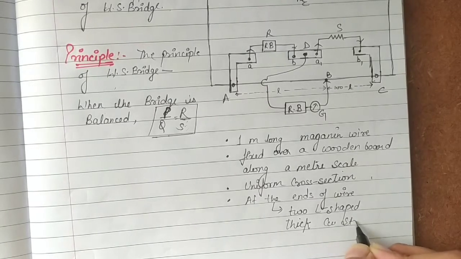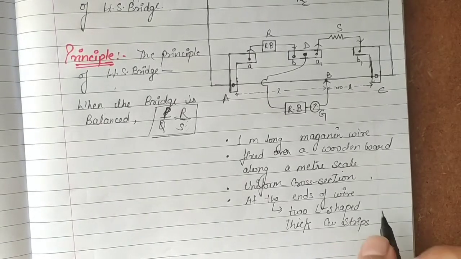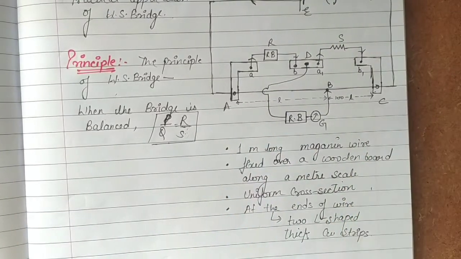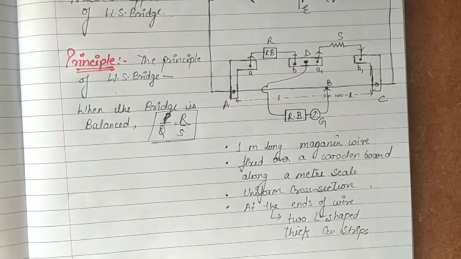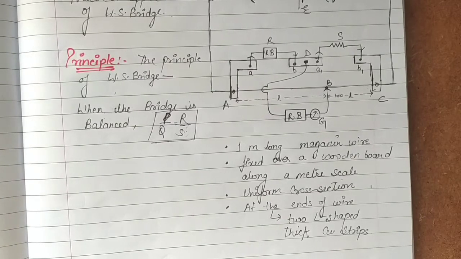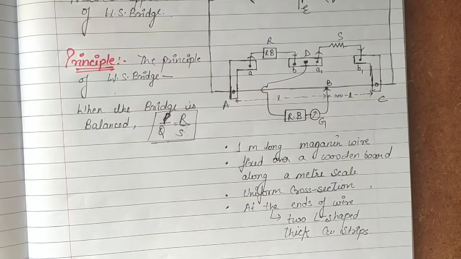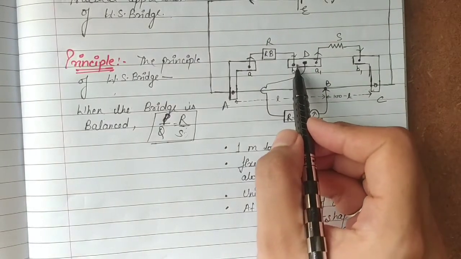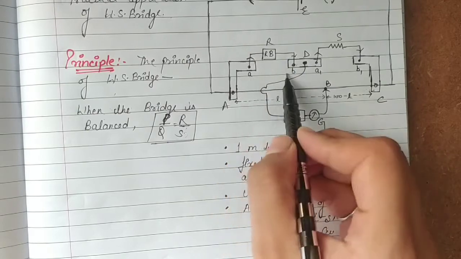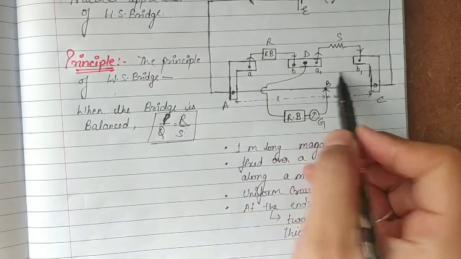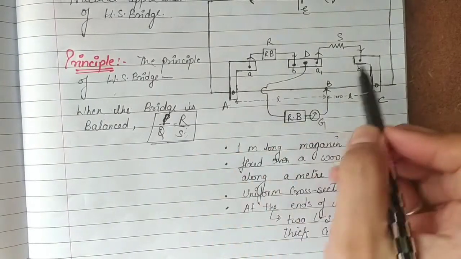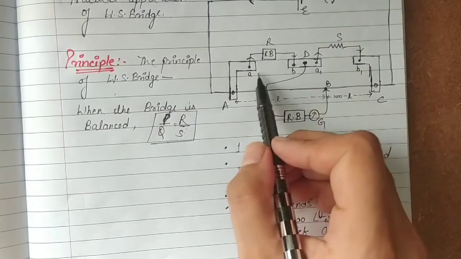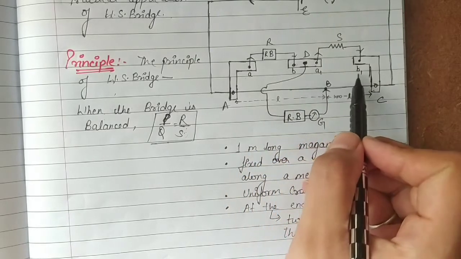Between these two copper strips there is another copper strip, fixed so as to provide the gaps AB and A1 B1. So between these two L-shaped copper strips we have another copper strip to provide the gaps AB and A1 B1.